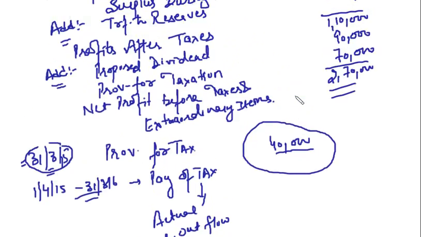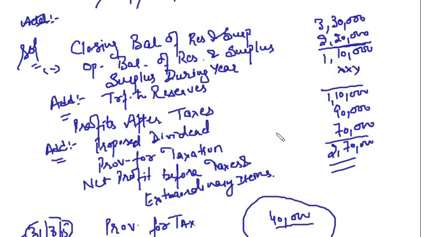Clear? The same is the case with proposed dividend. Okay. So you can write this down. Just be careful with this surplus balance. If you have the two balance sheets, you have to calculate the surplus earned during the year. For that, you will say closing balance of reserves and surplus minus the opening balance of reserves and surplus.